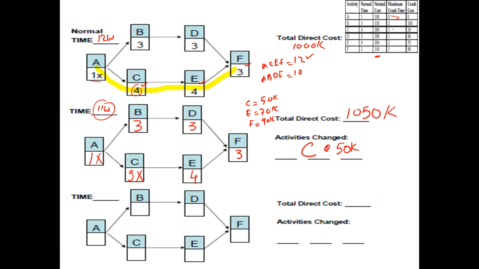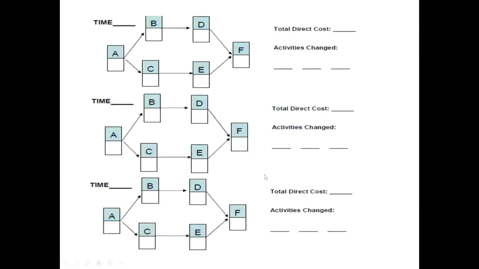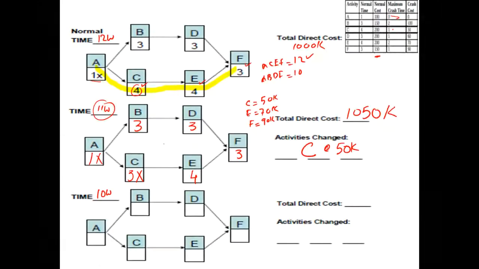Right. So we want to continue with our optimization, and we want to see, can we deliver this project in 10 weeks rather than 11 weeks? Again, we have to calculate where is the critical path. If we look at the top, ABDF in this new setup has a duration of 10.